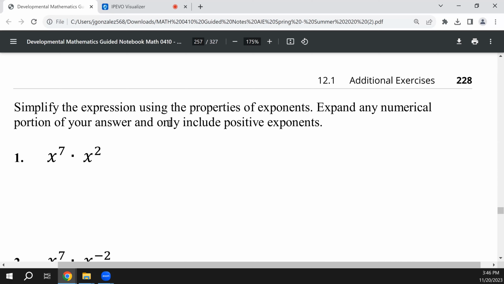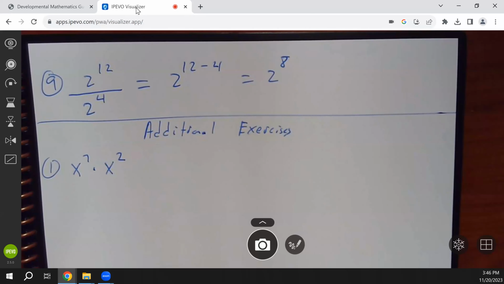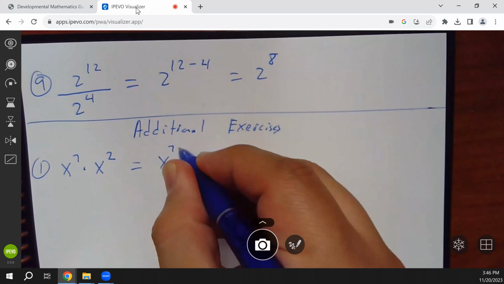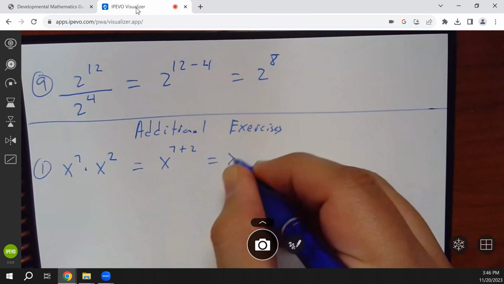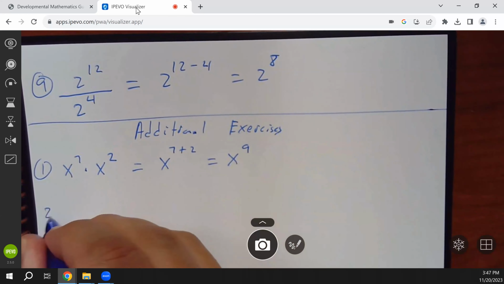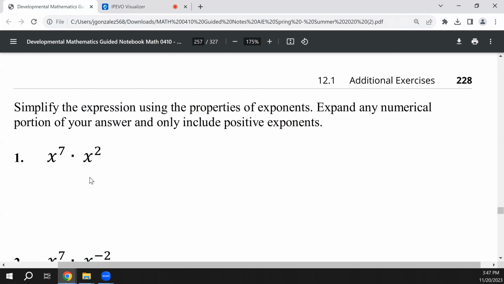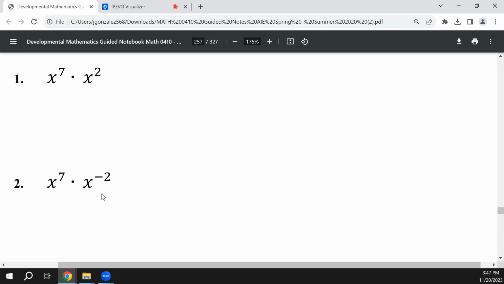Number 1. What is the answer to number 1? Yeah. You add them up, right? Number 2. Add these up.